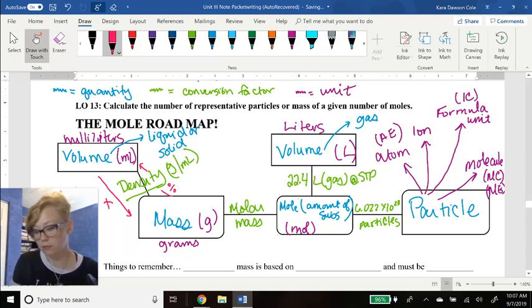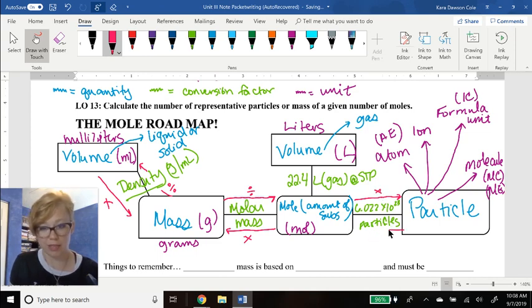If I'm going from the mass to the mole, I'm going to divide by my molar mass. And if I'm going from the mole to the mass, I'm going to multiply by the molar mass. So if I'm going out, I'm multiplying, and if I'm going in to the mole, I'm dividing.